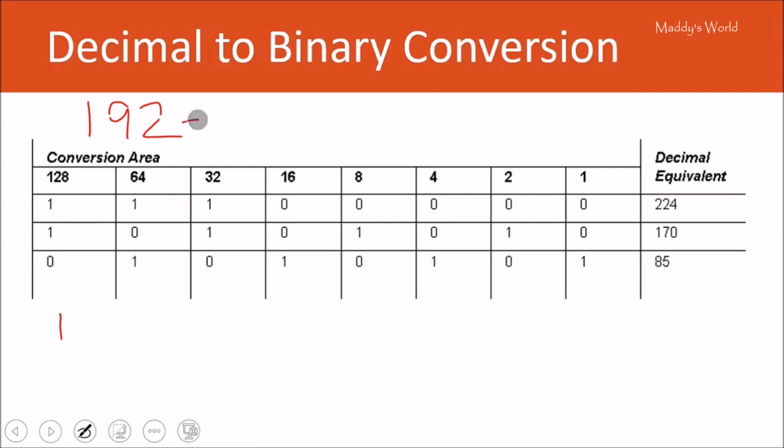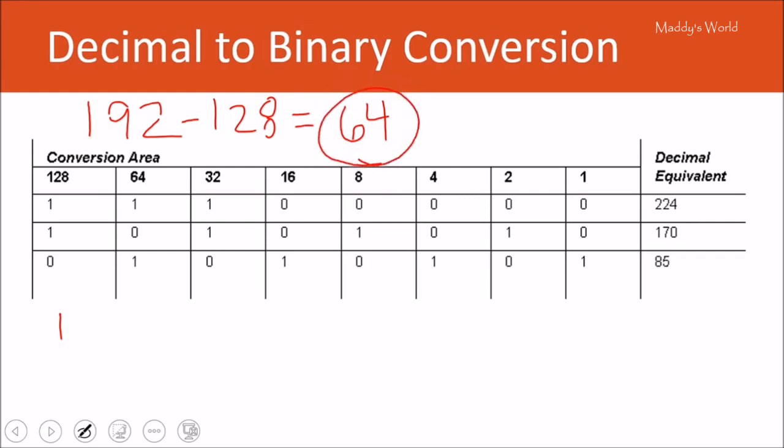So if I do that, do some math, probably wishing I was using a calculator right now, aren't you? What we end up getting is 64. So now my leftover is 64.